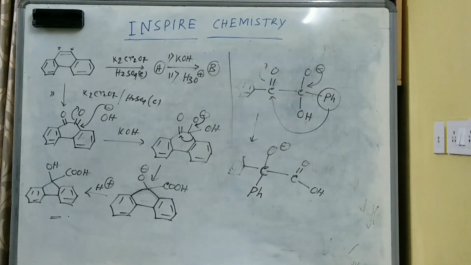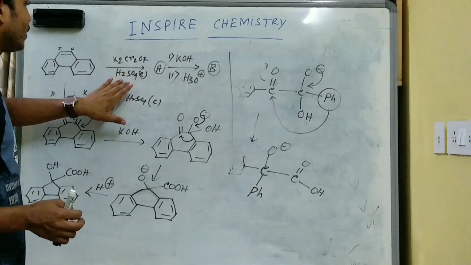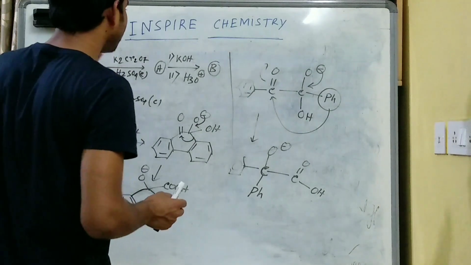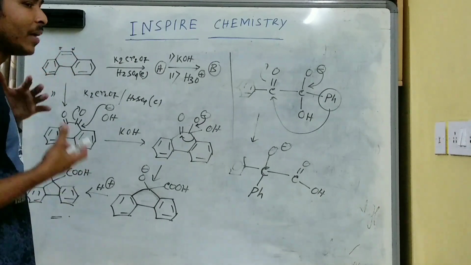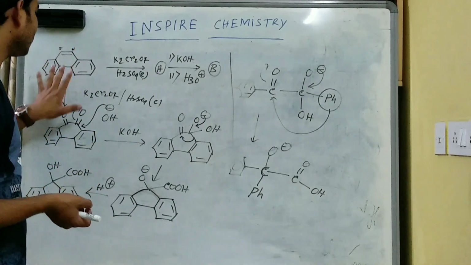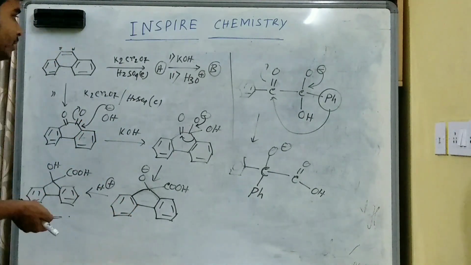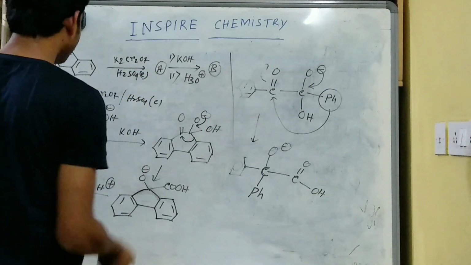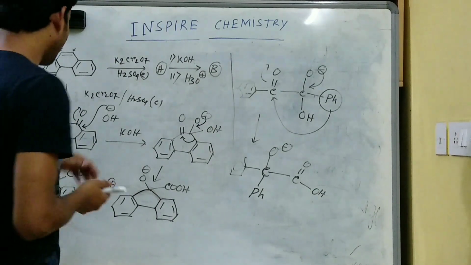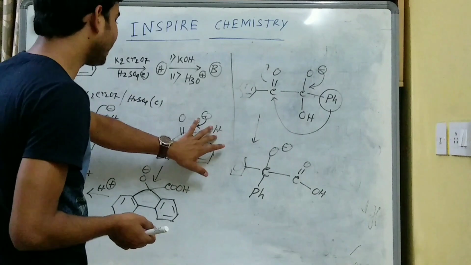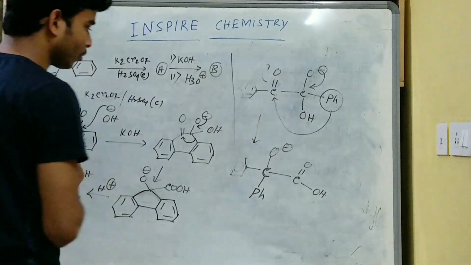In this reaction this type of substrate is used, and when we use K2Cr2O7 and concentrated H2SO4, which is a highly oxidizing agent, and we know that for phenanthrene these two positions are very reactive, this will oxidize and form this type of diketone intermediate, A. After that, when we use KOH, this OH minus will attack either of them because these two carbonyl centers are the same, and this tetrahedral intermediate will form, and this oxygen will be released and this bond migrates to this carbon.